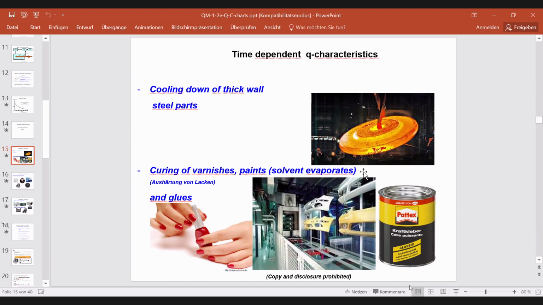So it's going into the air. It evaporates. This means then it is not on the part any longer. It goes into the air. Evaporation is the word for that. And this you have with paints and with glues.